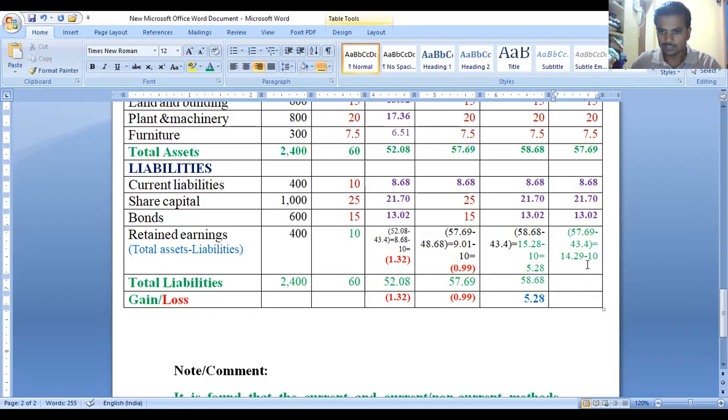So we would get 4.29 as the profit. Yes, what is the total? 57.69. What is the profit? 4.29 is the profit.